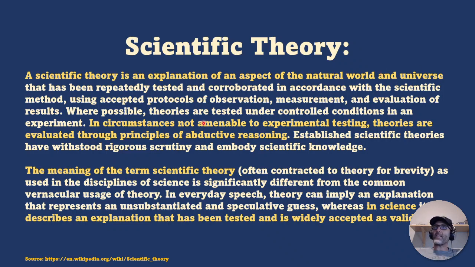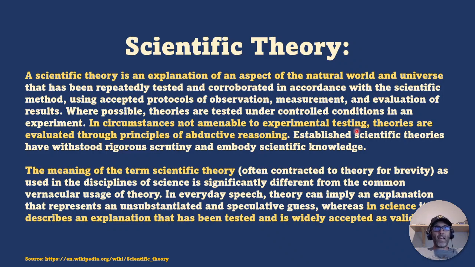In circumstances not amenable to experimental testing, theories are evaluated through principles of abductive reasoning. The meaning of the term scientific theory in science describes an explanation that has been tested and is widely accepted as valid. So not all theories can be tested, right? I posit that there's no way to test gravity, and many people agree with that, and many scientific sources agree with that.